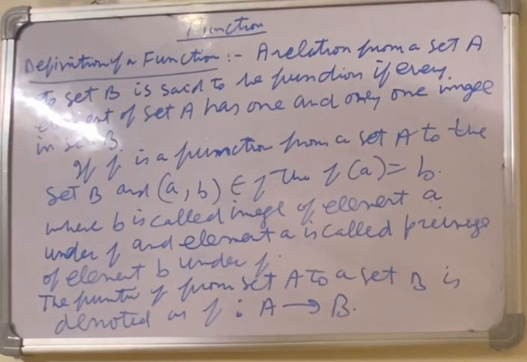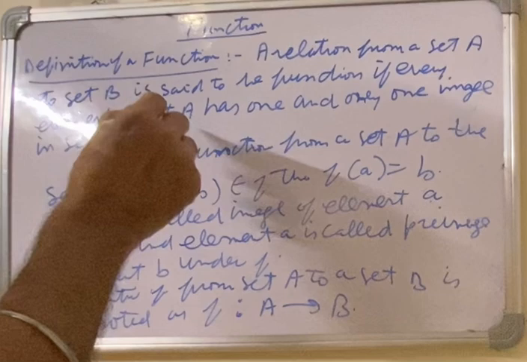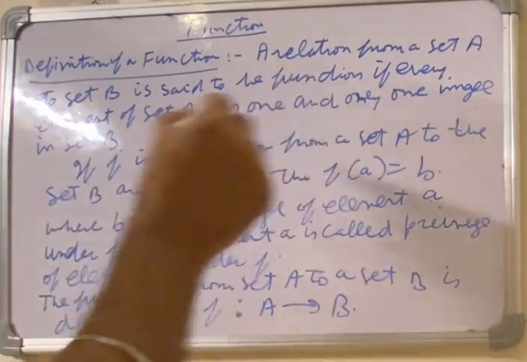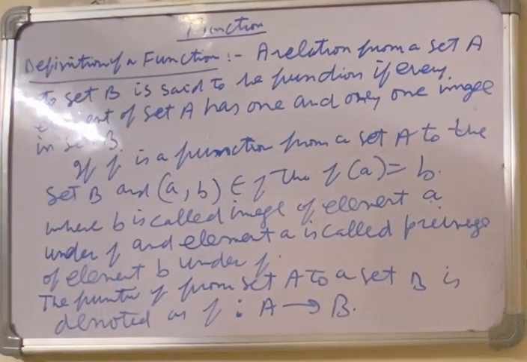Similarly, if an element of set A has more than one image in set B, that's also not a function. So, for a function, every element of set A must have one and only one image in set B.